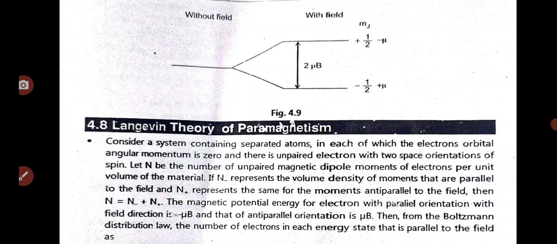The magnetic potential energy for an electron with parallel orientation to the field direction is minus mu B. This orientation is calculated within these two splitting lines, described in the above figure 4.9, as a microscopic system.